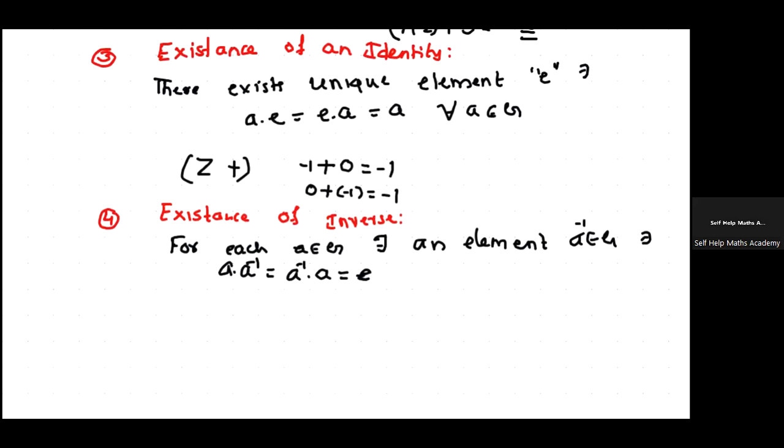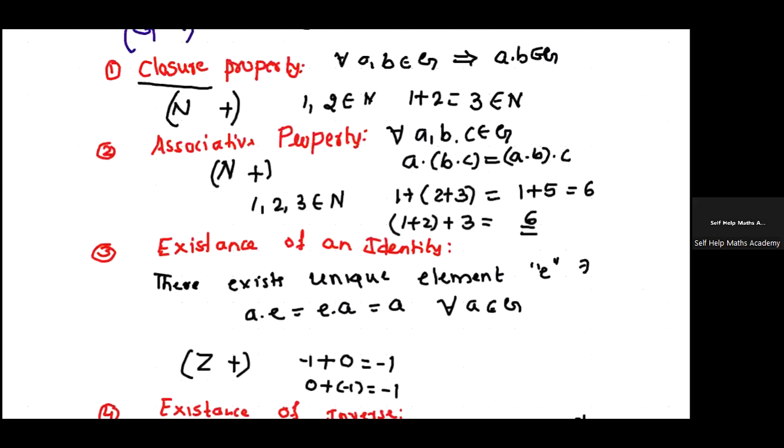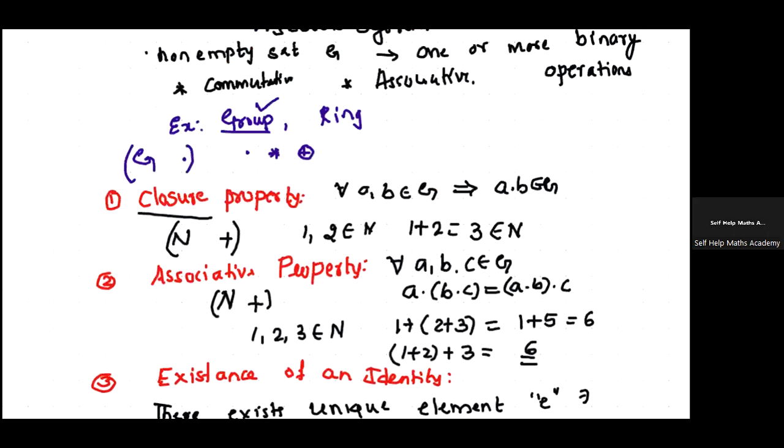If it is satisfying, then the set G is called the underlying set of the group under the binary operation dot, usually called the group operation. Then we call G together with dot a group. So here we have discussed the four properties: closure property, associative property, existence of identity, and existence of inverse.